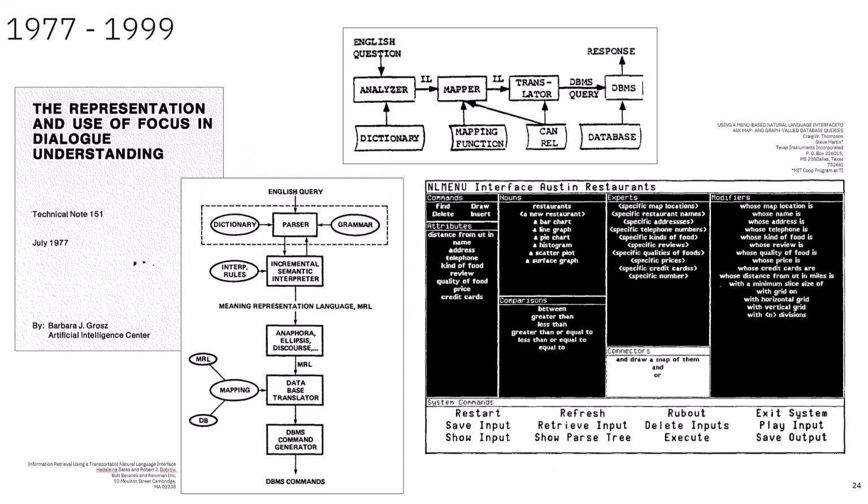Here are some pictures taken from academic papers published in the 1970s, 80s, and 90s. I'm not going to get into the specifics of each of the examples, but the images could give you a sense for how complex the approaches were to teasing apart the meaning of natural language input and translating it into something concrete that a machine can execute.